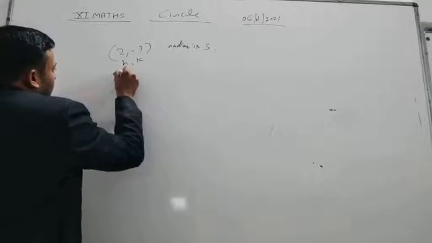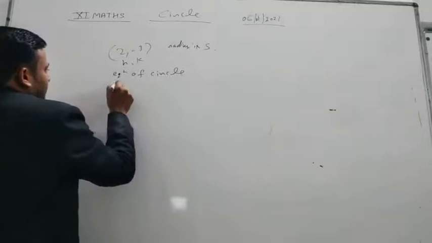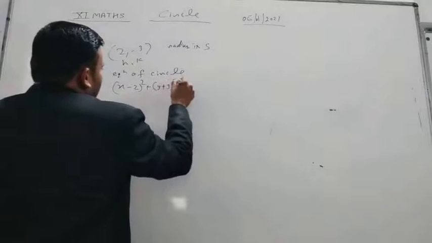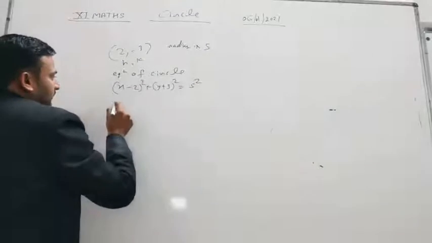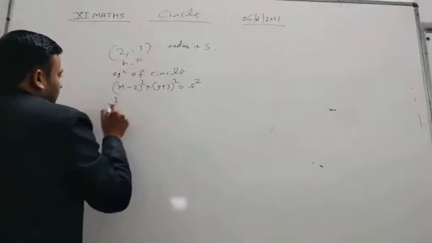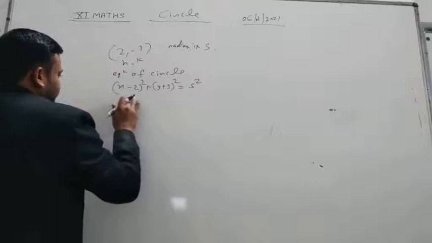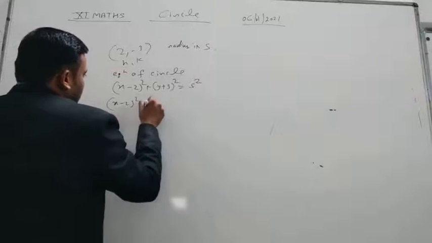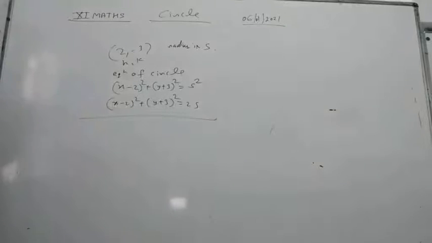You know the equation of circle is (x minus 2) whole square plus (y plus 3) whole square is equal to r square, which is 5 square. So we can write (x minus 2) whole square plus (y plus 3) whole square is equal to 25. This is our equation of circle.